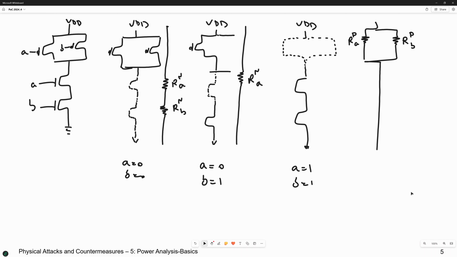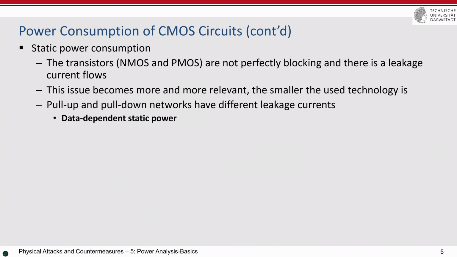Good news for you, we do not deal with data-dependent static power consumption in this lecture. This is a line of research that I followed during the last 10 years. If you are interested, there are a lot of papers to read, but we mainly focus on the dynamic power consumption in this lecture.